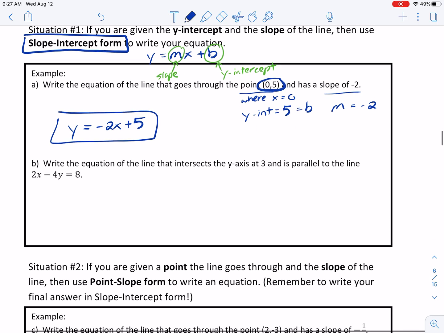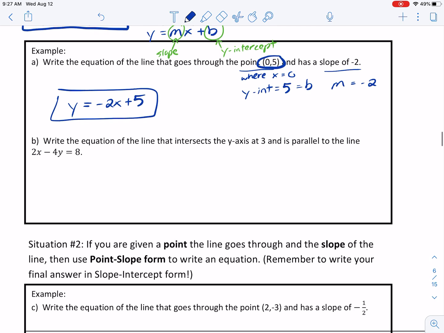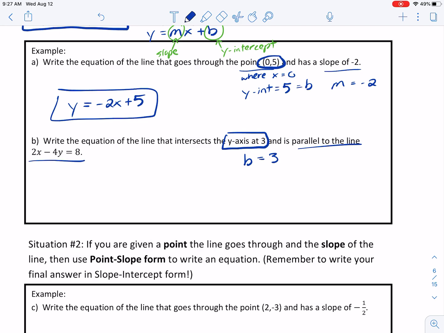Let's try this next example. Write the equation of a line that intersects the y-axis at 3. So again, that should tell you something. The y-intercept is where the line crosses the y-axis. So you're given your y-intercept, your b value of 3, and it's parallel to the line 2x minus 4y equals 8.